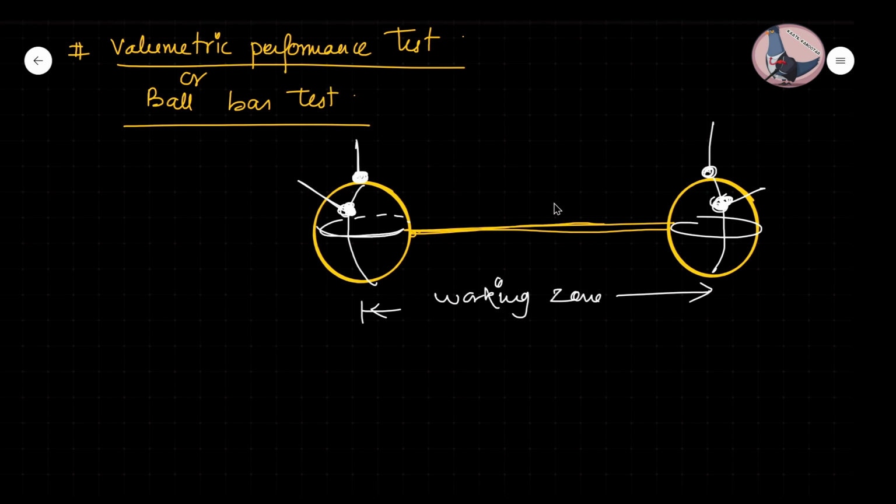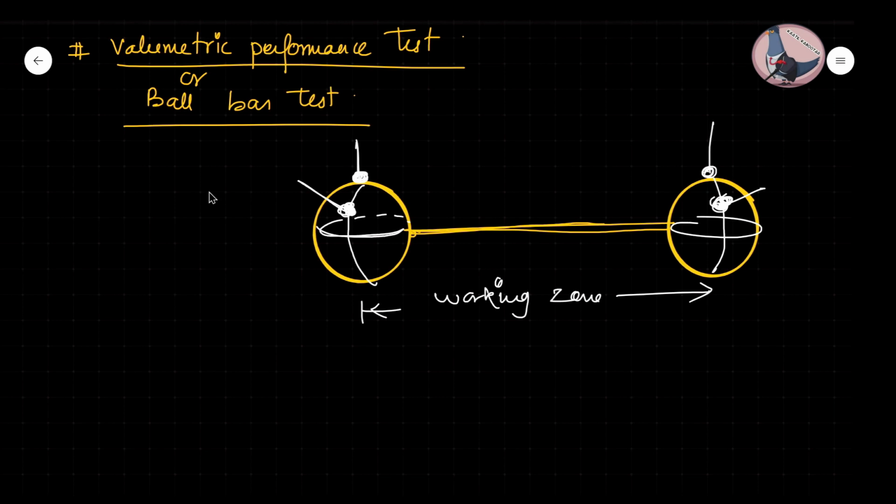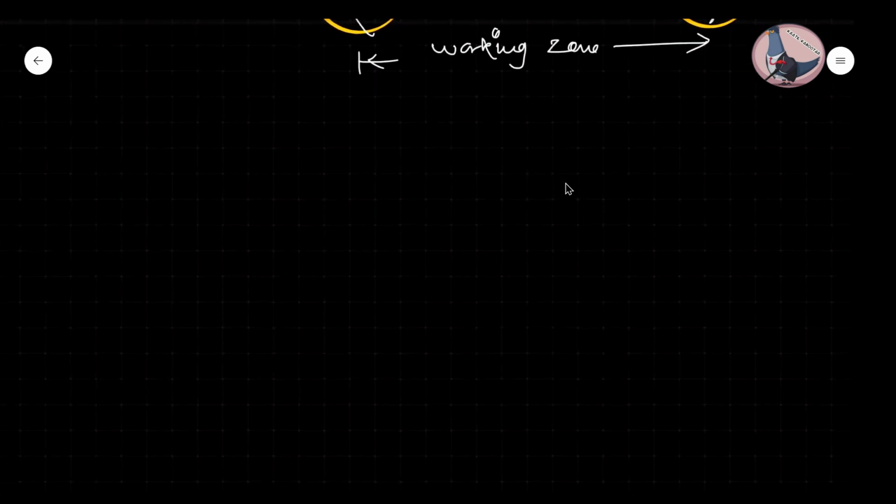So it allows for consistent measurements. Then it is done using a ball bar. This is the point you have to understand.